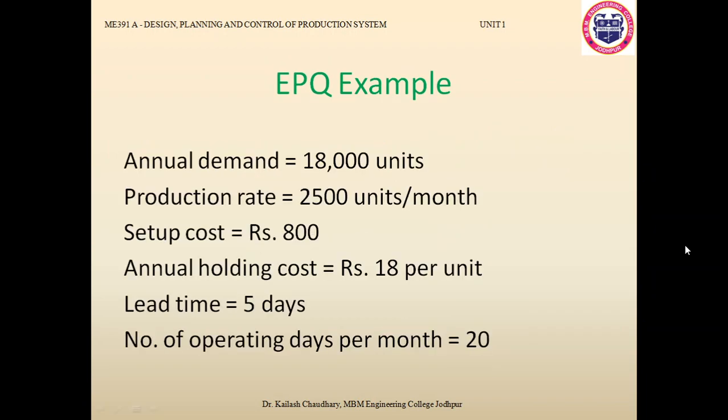Here in this case we have annual demand of 18,000 units, production rate of 2500 units per month, setup cost of rupees 800, annual holding cost of rupees 18 per unit, lead time of 5 days, and number of operating days per month. Using this data we will calculate the economic production quantity we need to produce, and the total cost according to that quantity.